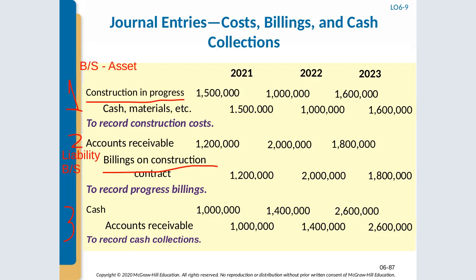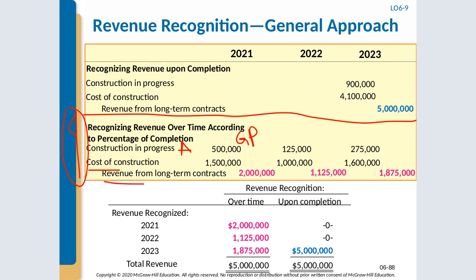The upon completion method has only the journal entries 1, 2, 3, and for number 4, it delays the recognition of revenue until the project is actually completed.